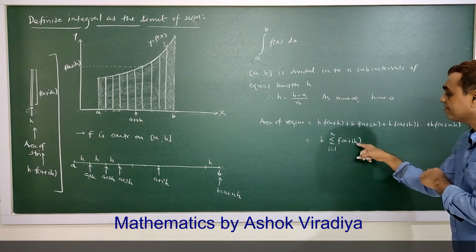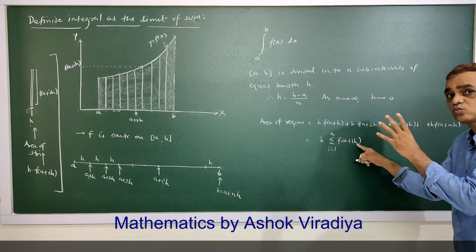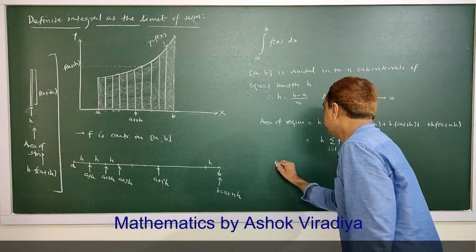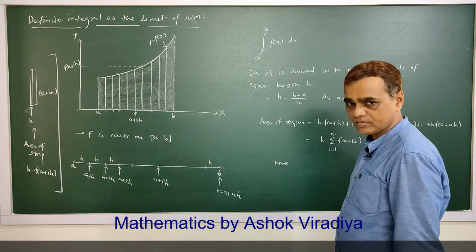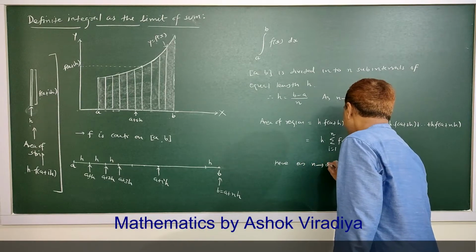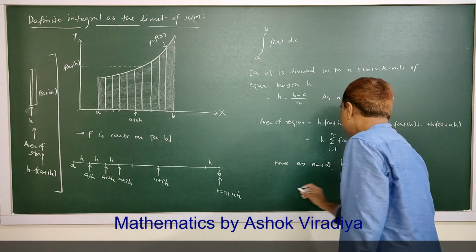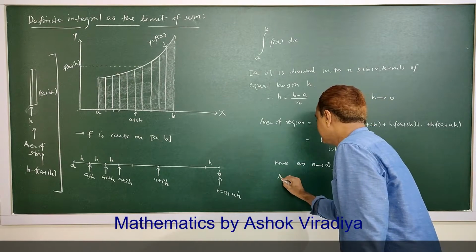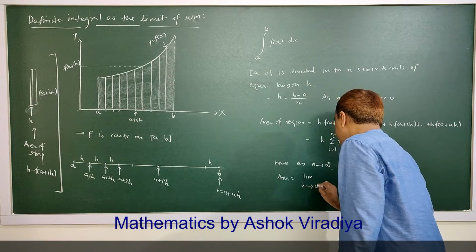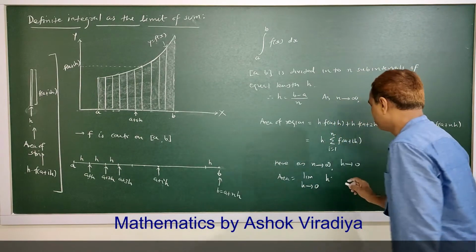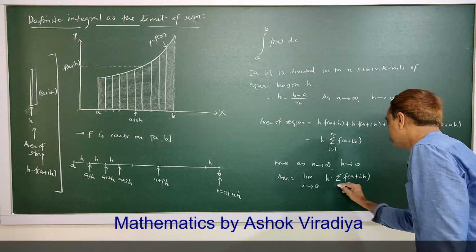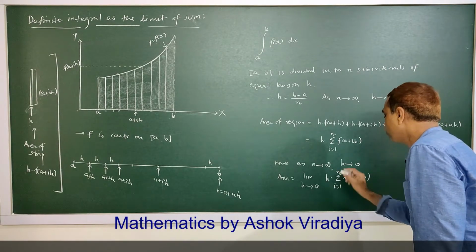Now here we want h tends to 0. So the area of the region, as n tends to infinity and h tends to 0, is equal to the limit h tends to 0 of h into sigma f of a plus ih, i equal to 1 to n.